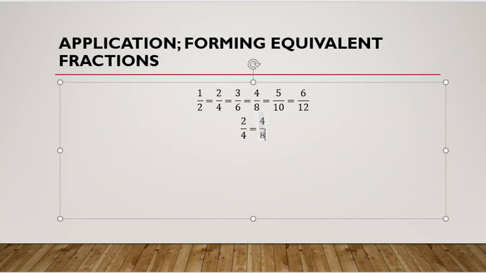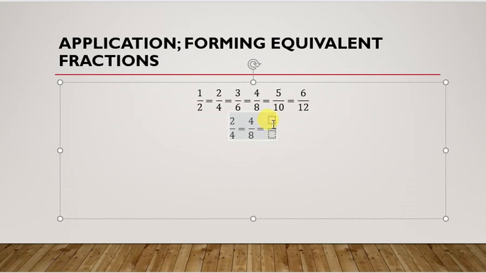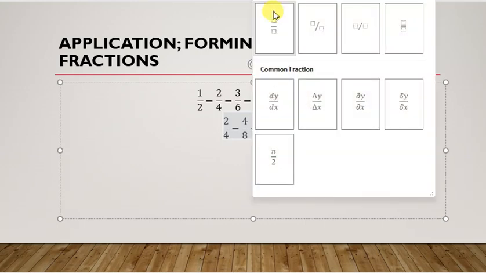We can continue with the process and see we add 2 to 4, we get 6. We add 4 to 8, we get 12. This process can continue unabated. Actually, the list of equivalent fractions is infinite.